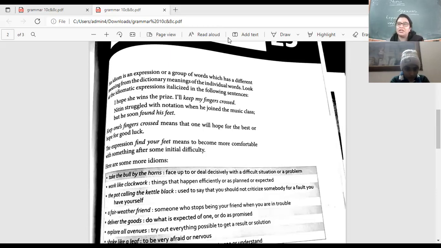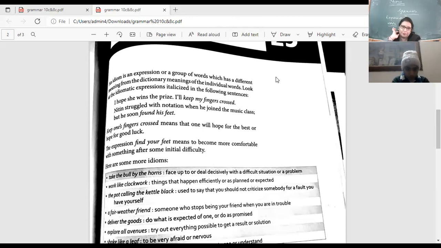He initially faced a lot of problems in the new company, but soon he found his feet. Matlab, comfortable ho gaya, right? He got used to it.